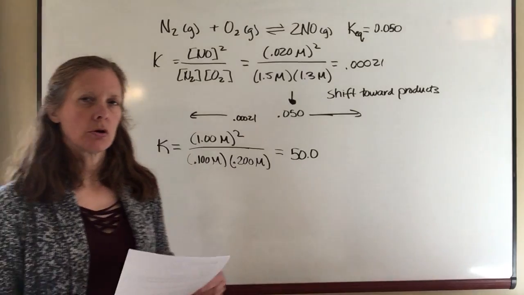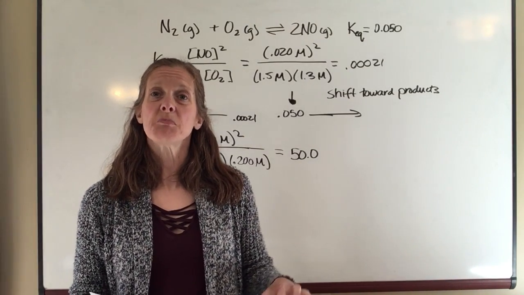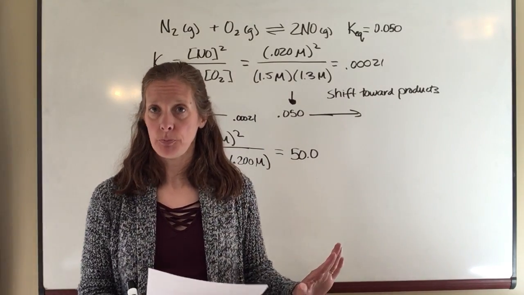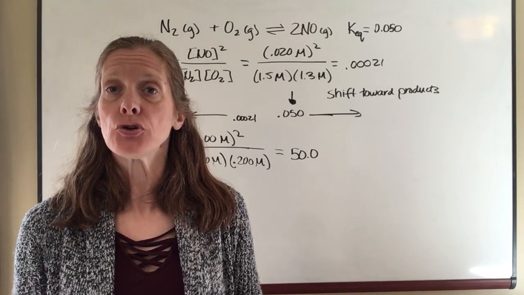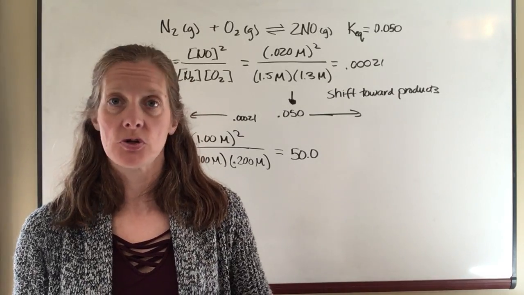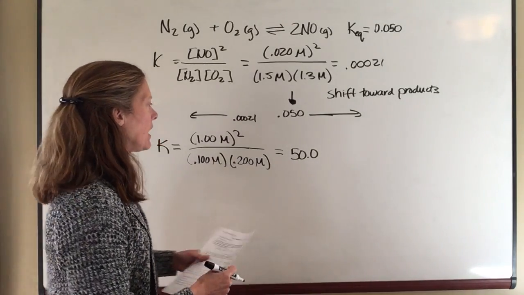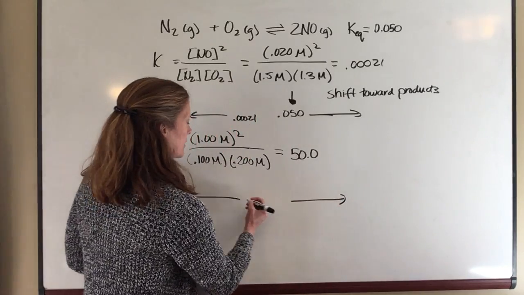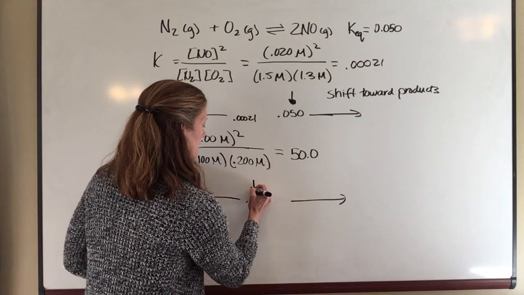Now, this may initially strike you as odd, but we can manipulate reactions to shove them past the equilibrium point. And we're going to be talking about that within the next couple of days here as to how you can manipulate a reaction to force it to go beyond equilibrium, to force it to go one direction or another. So in this particular case, if I would plot these on a number line, the equilibrium constant is 0.05, and so it's right here.